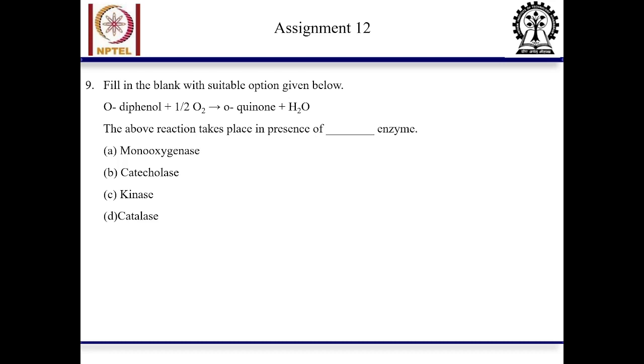Yeah. Any other opinion? Yeah. So the correct answer is catechol. So this is a monooxygenase, a copper based enzyme.